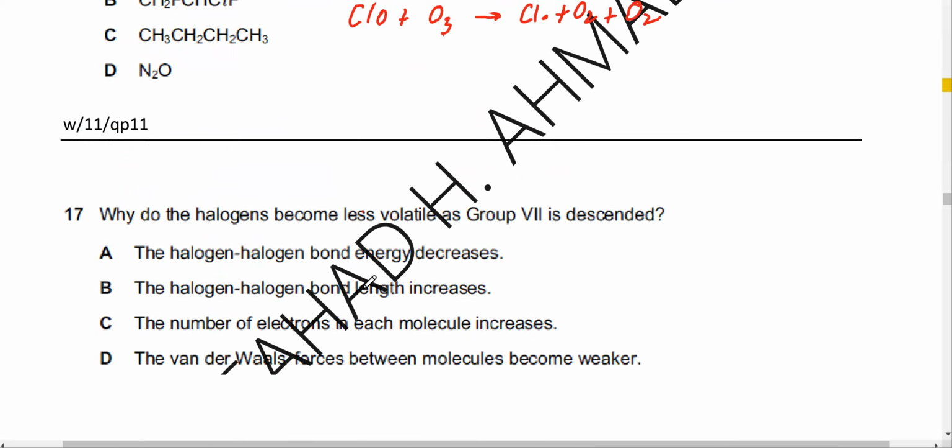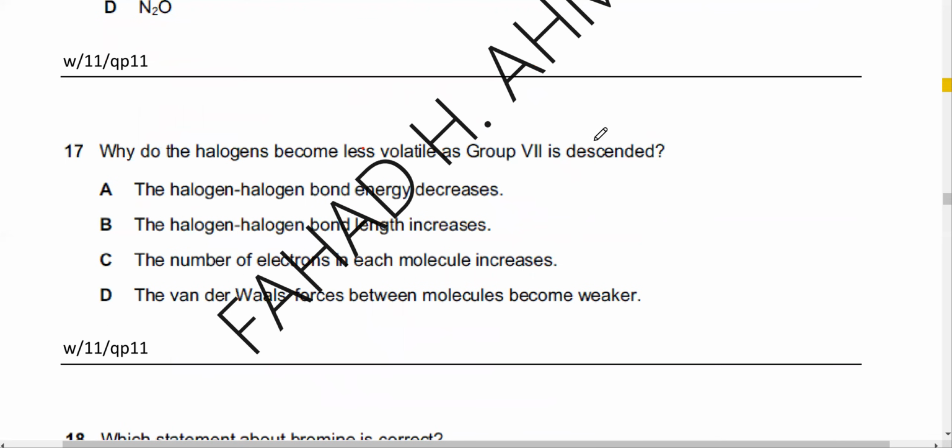The next is, why do the halogens become less volatile as group 7 is descended? Remember, volatility depends not on the bond strength, it depends on the intermolecular force.